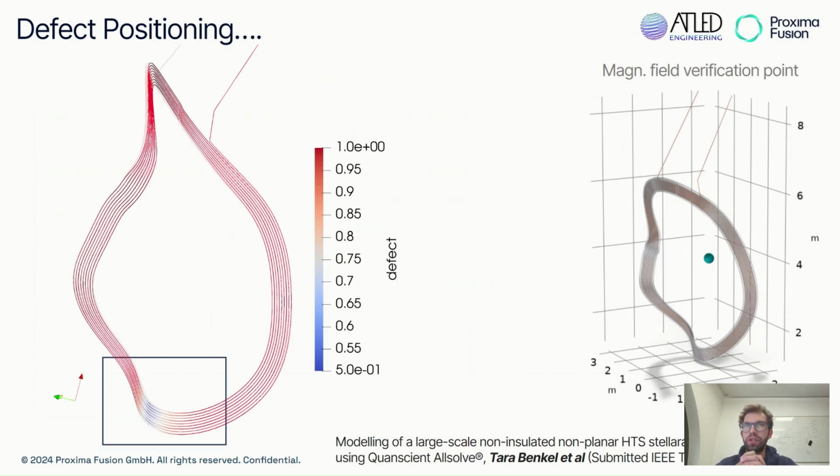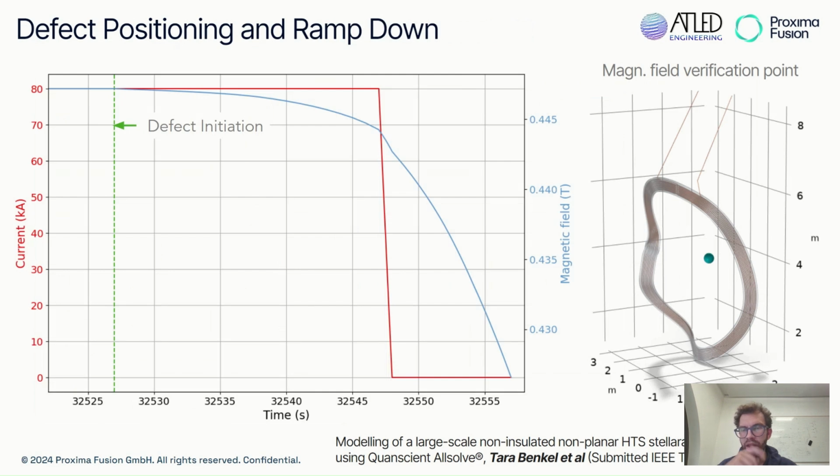I'm showing you here the positioning of the defect, which is a dip into the first turn really, or the first few turns. It's not very clear from this map, but it's not a radial defect. Once we did the defect positioning, after the ramp up, we do the ramp down.